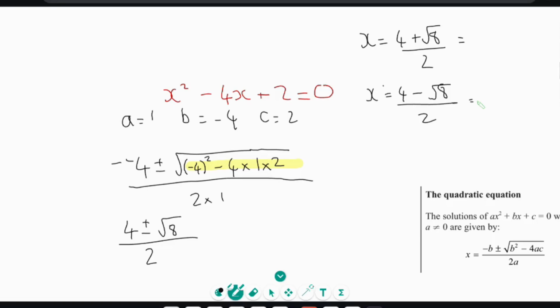So the first answer is 3.41 to 3 significant figures, and the second answer is 0.586 to 3 significant figures.